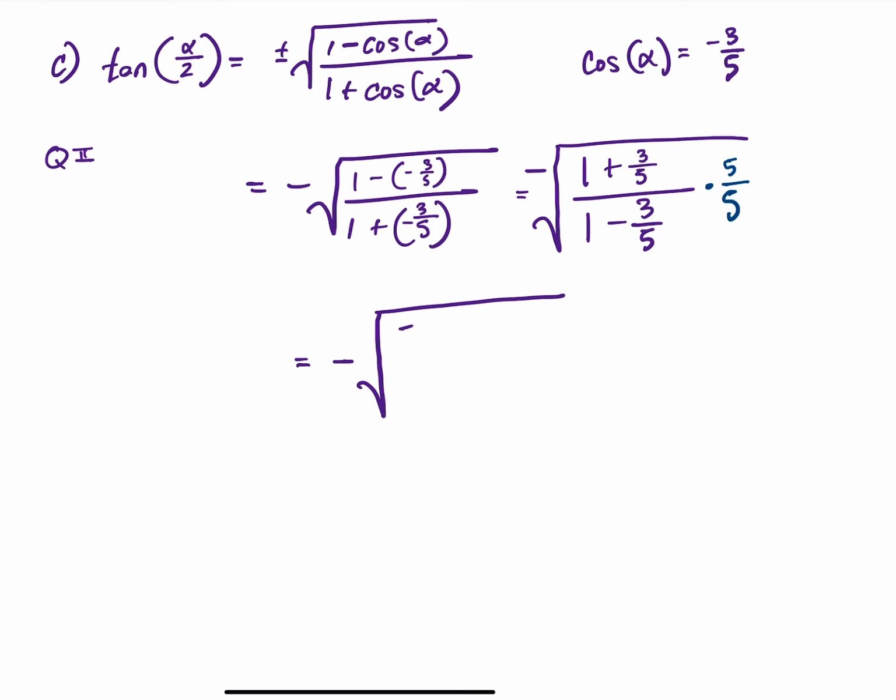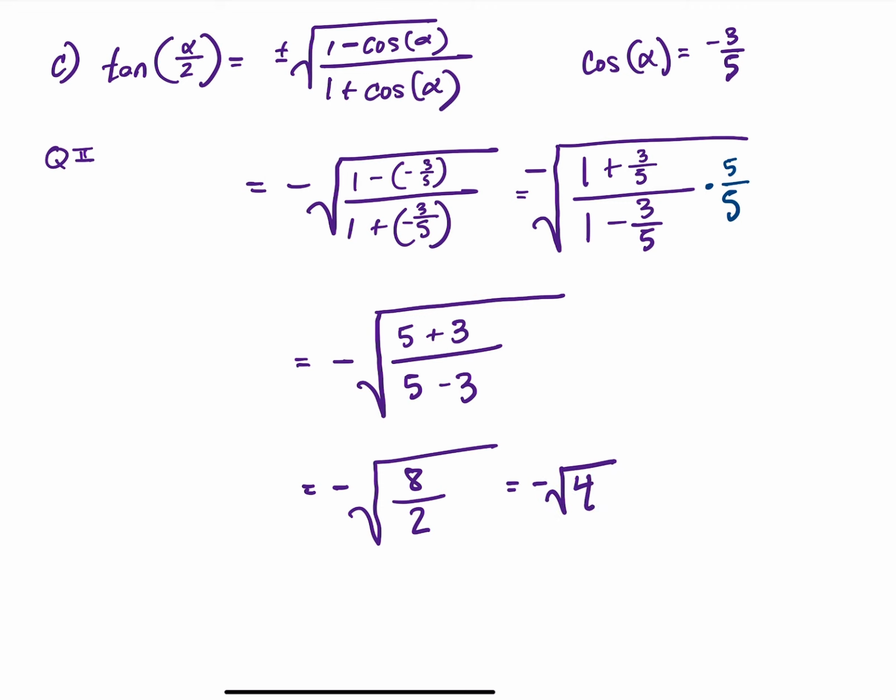So this will become 5 plus 3 over 5 minus 3. So we have negative square root of 8 over 2. So negative square root of 4, which reduces nicely to just negative 2.